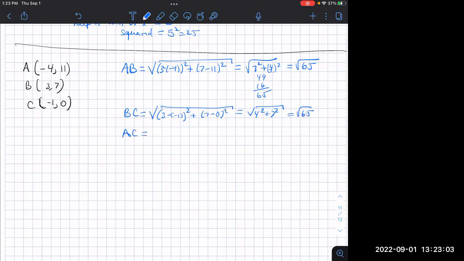And AC is (-4 minus -1) squared plus (11 minus 0) squared. So that's -4 plus 1, so that's -3 squared.